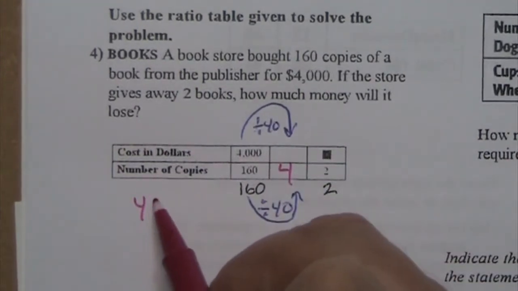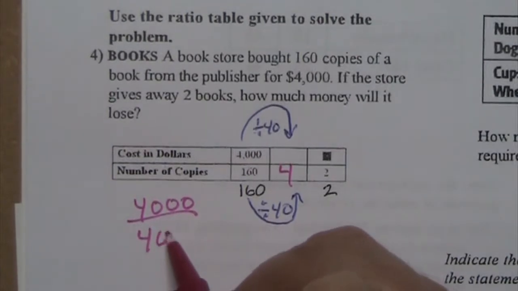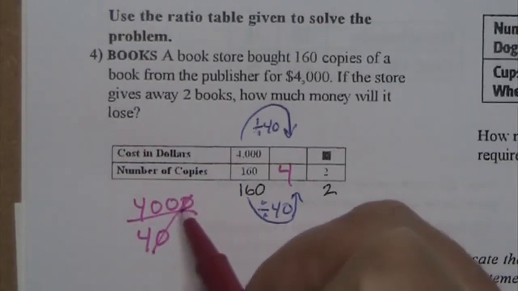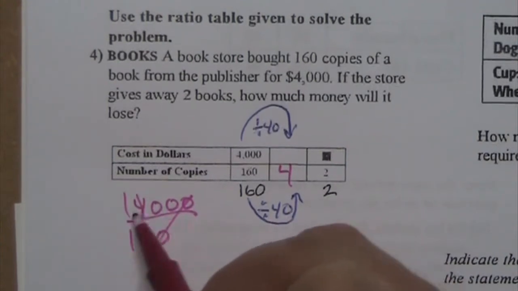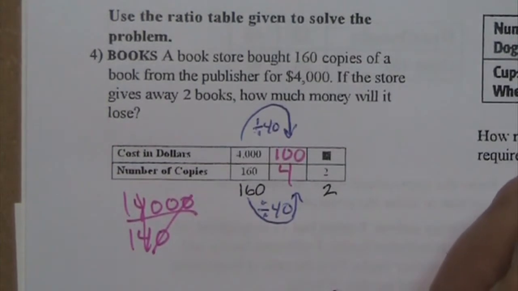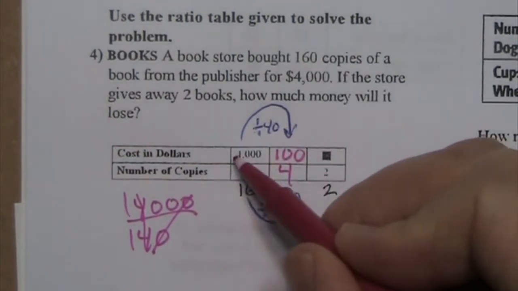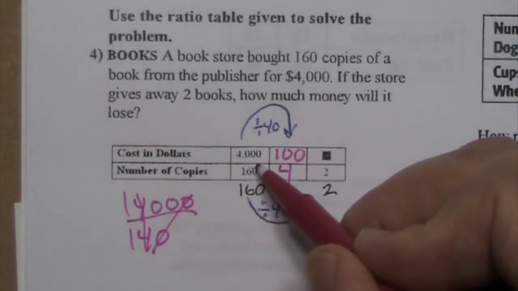In case you can't see that, if I have 4,000, and if I divide it by 40, what am I going to be left with? Let's see, 4 goes into 4 once. I'm left with 100. It goes there 100 times. 40 times 100 is 4,000. Just count the zeros. 1, 2, 3 zeros and a 4.